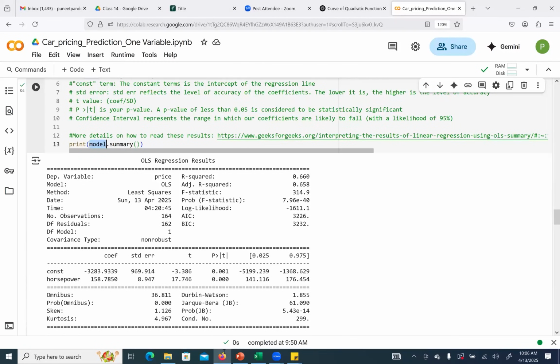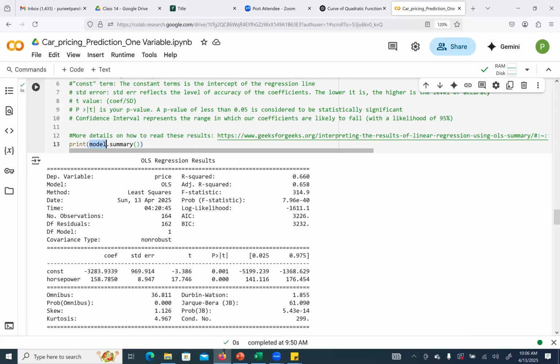So if we have 3 or 4 variables here, like horsepower, weight, and so on, and we get weight as greater than 0.5 and horsepower as 0.00, then what do we conclude? We will remove weight and rerun the model.